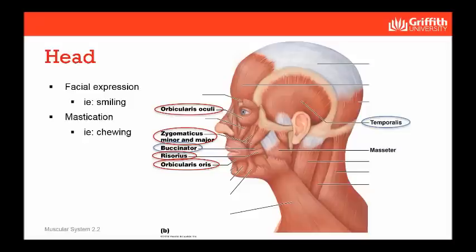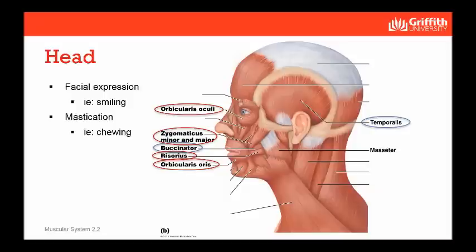Temporalis is a fan-shaped muscle originating on the temporal fossa and inserting on the coronoid process of the mandible, via a large tendon passing under the zygomatic arch. The main function of temporalis is to close the jaw and maintain the position of the jaw at rest.